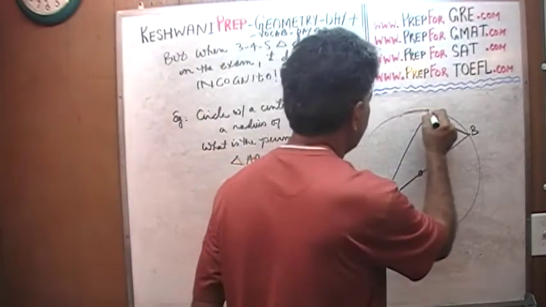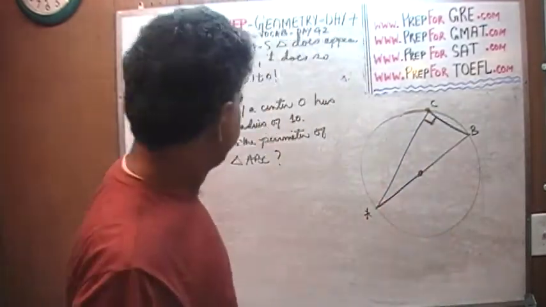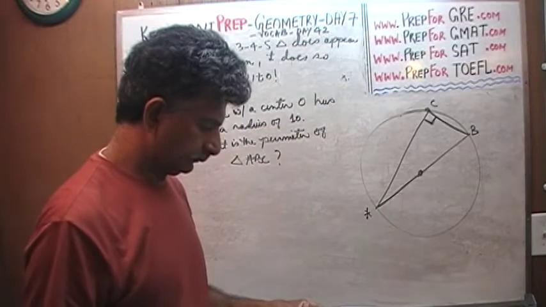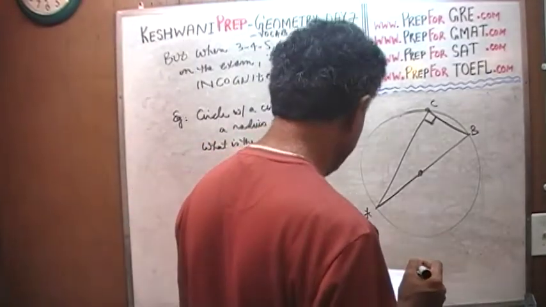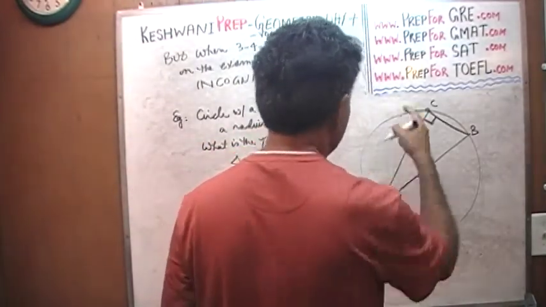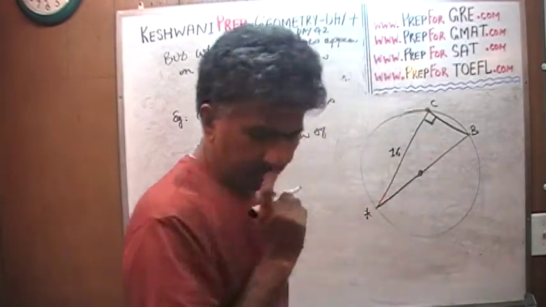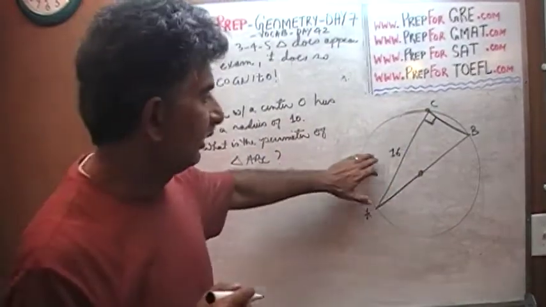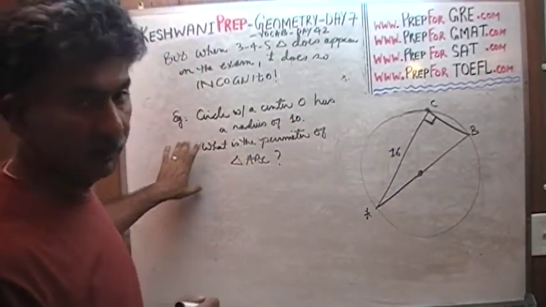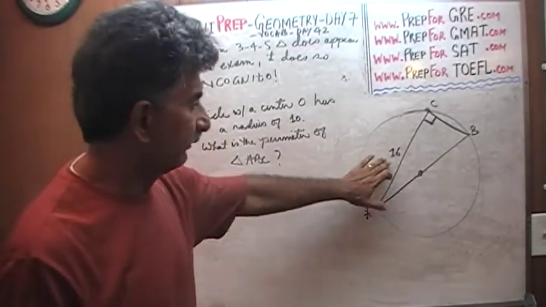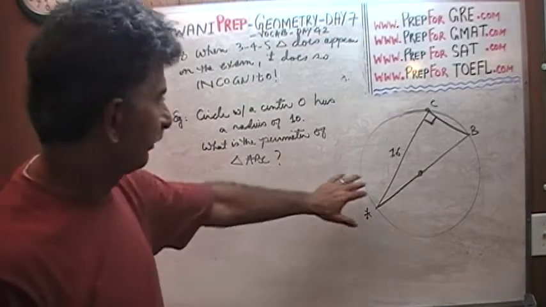And this is your C. And we are also told that A to C is 16. So this 16 part actually appears in the picture. What we are not told in the picture is this part right here.